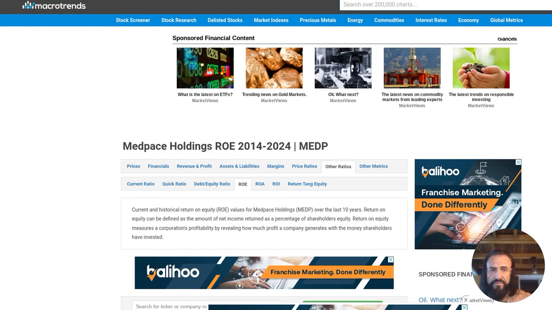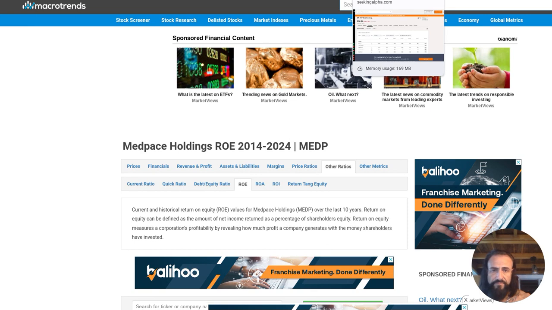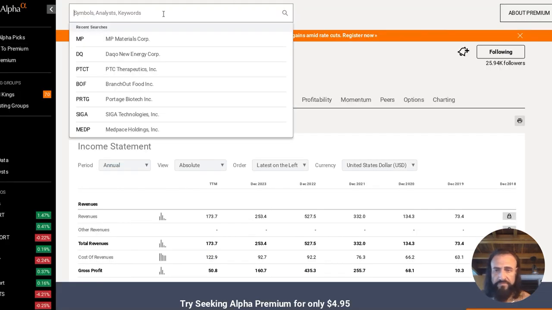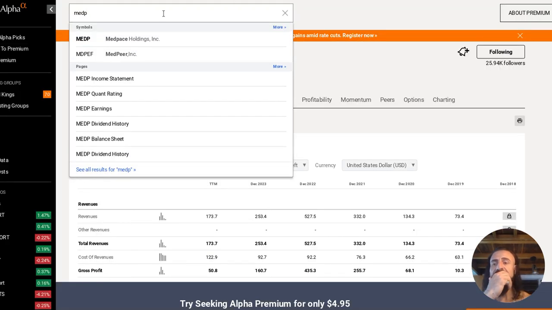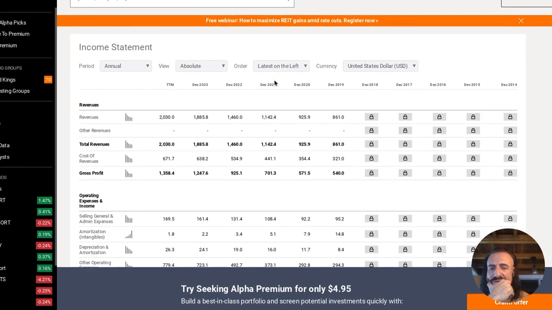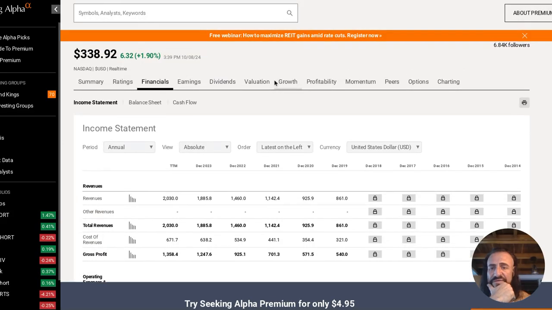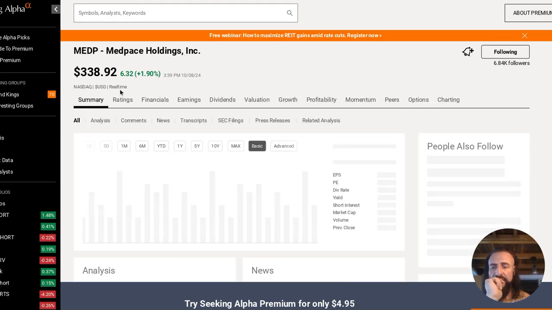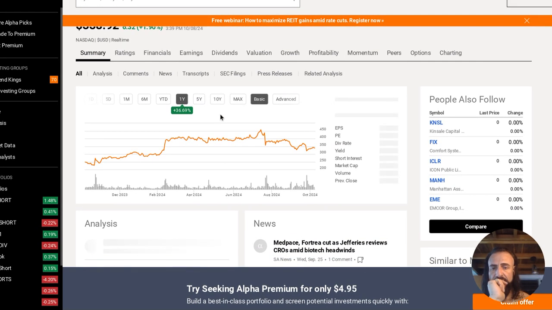Okay, then also to see what Seeking Alpha has to say on that. Again, here you're going to find a lot of the same thing, but I like to see other websites as well.